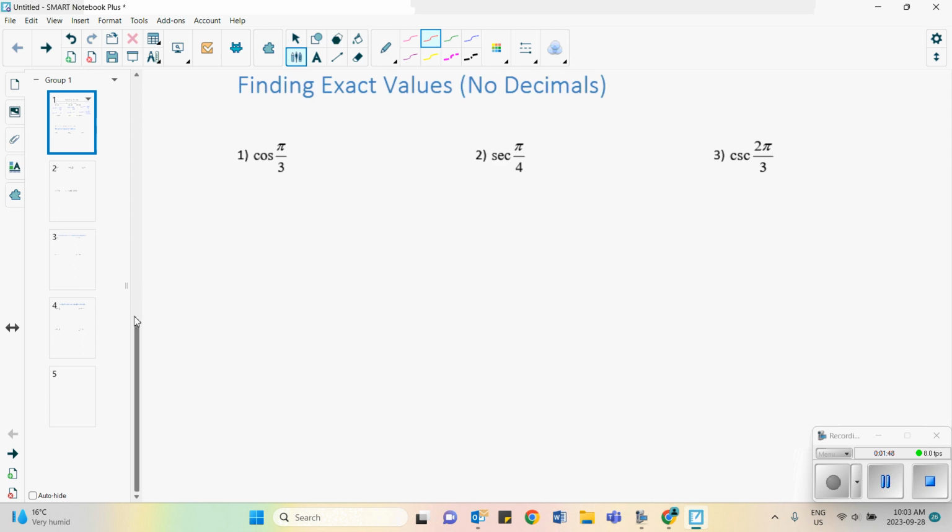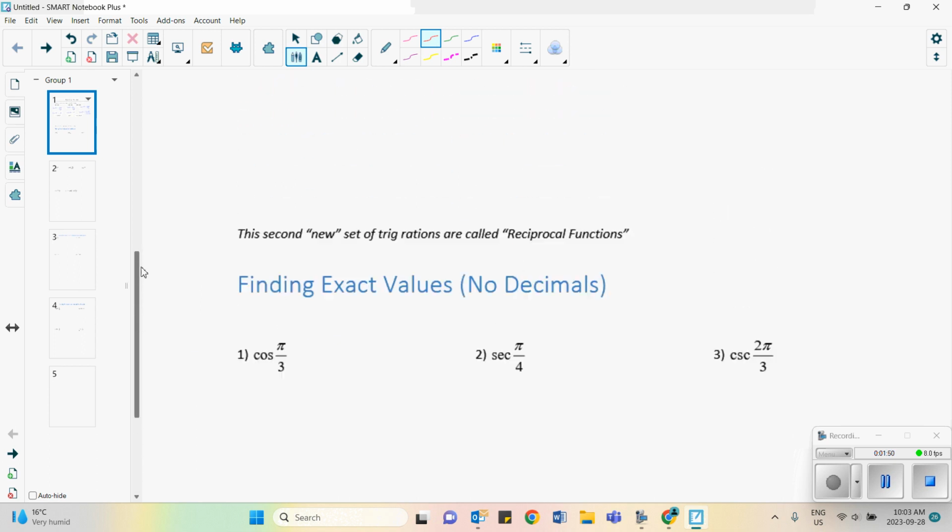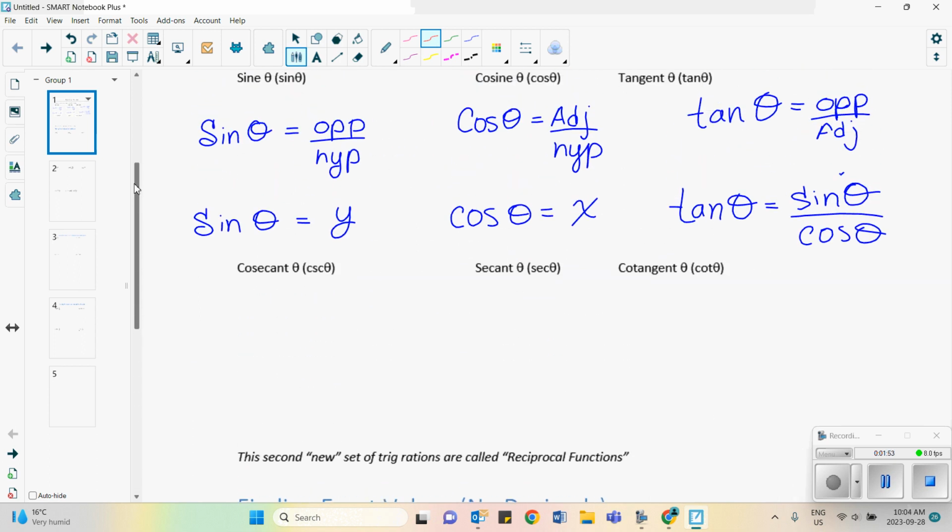Cosecant. Cosecant is the reciprocal function of sine. So, cosecant theta is the reciprocal function of sine.